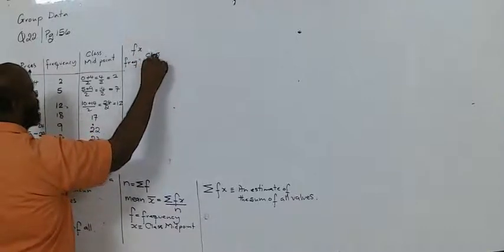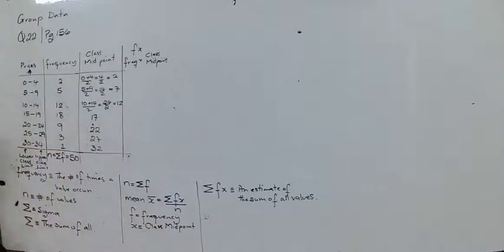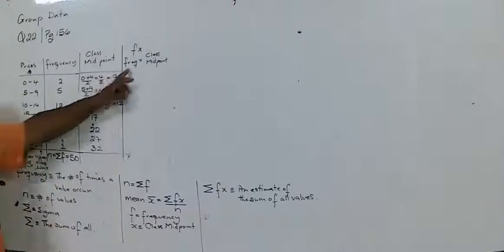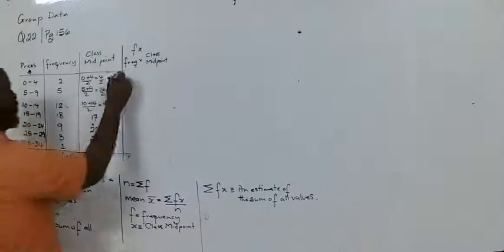I know I'm going to add one more column for class boundary. Alright, what does fx say? Frequency times class midpoint.